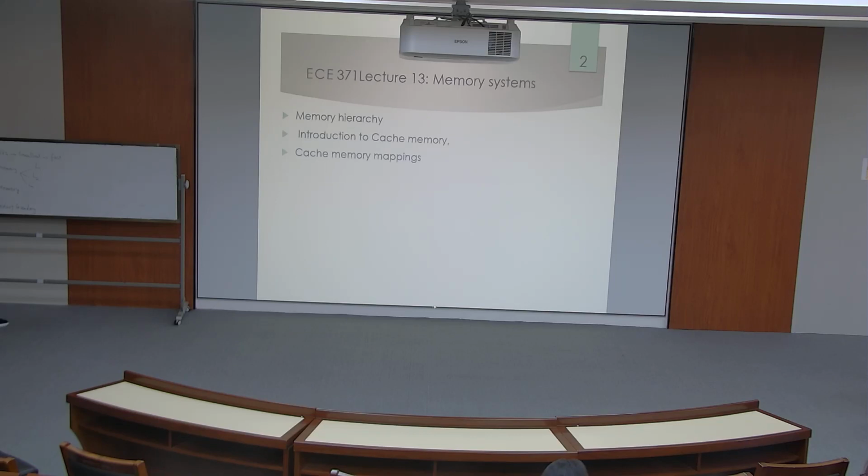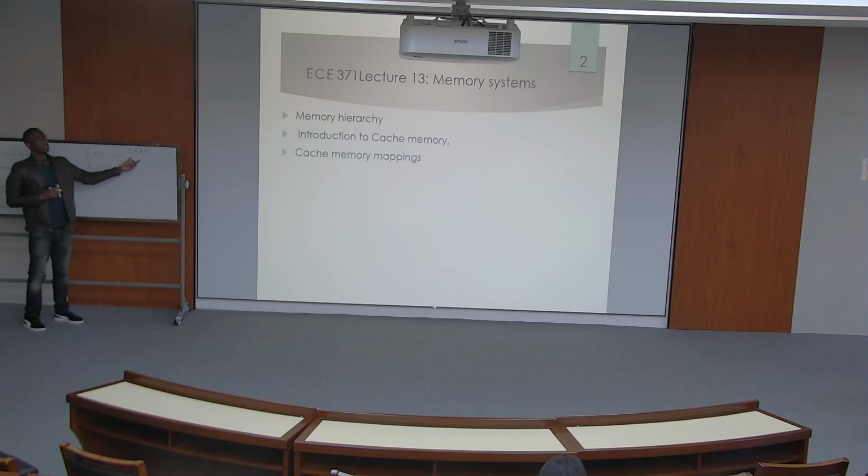If you still remember, we also talked about the different memory types. We talked about RAM, random access memory, and different types of ROM. We talked about DRAM, which stores data in the form of charge on capacitors. That means it needs to be periodically refreshed to retain its data.